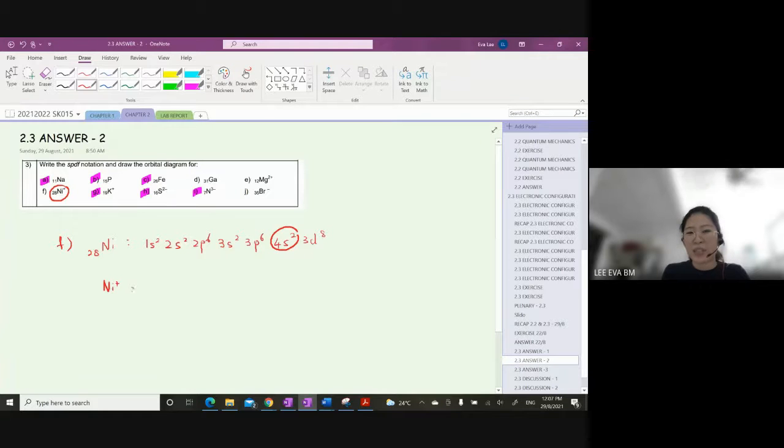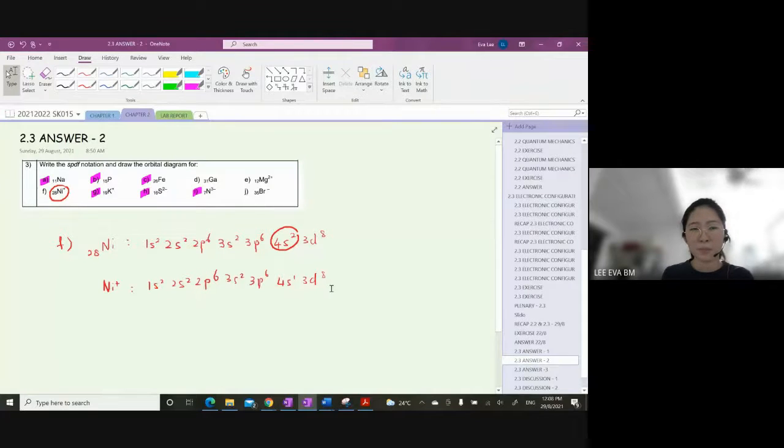So in this case, to make our nickel ion, you have to write all over again until you remove the electron from 4s, then it remains 4s1 and then 3d8. Do you get me? Yes, madam. Okay. So any questions for this one?